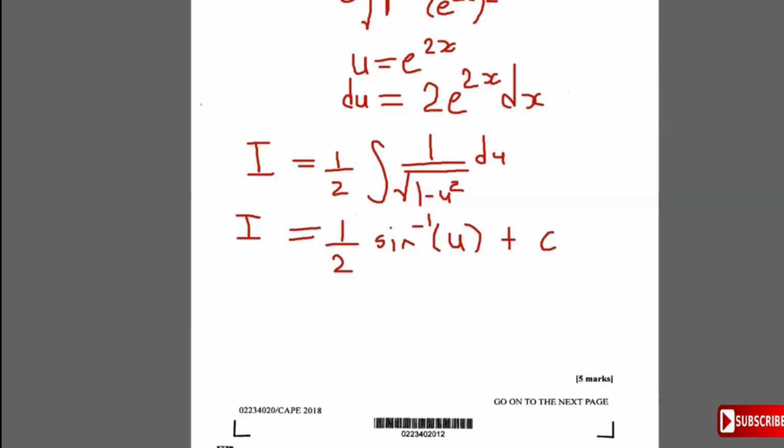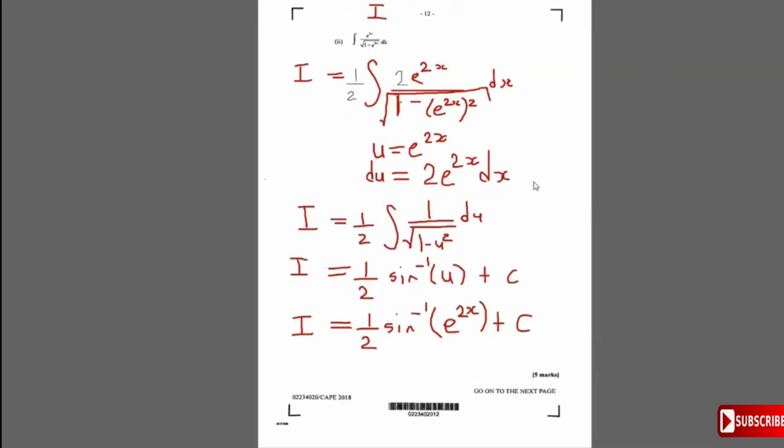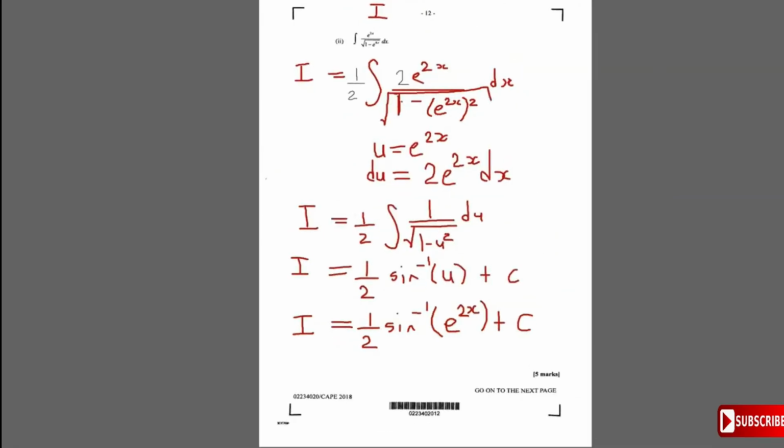Finally you can conclude that I is equal to a half sine inverse of u, where u is e to the 2x, plus some constant c. That is I. Nice and easy. That's how we do this.